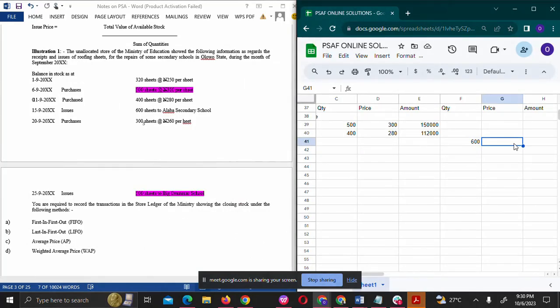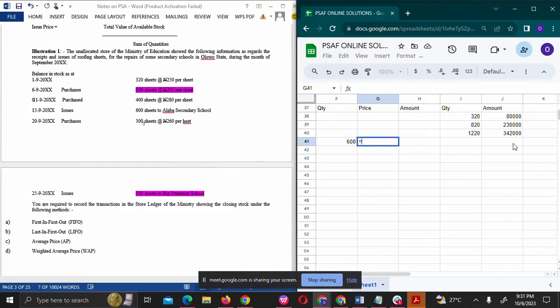If you are issuing 600 units, the best approach is to divide the total amount by the total quantity to determine the price. So you have 342,000 divided by 1,220, and the price will be 280.33, times 600.